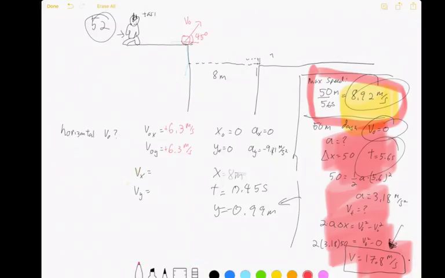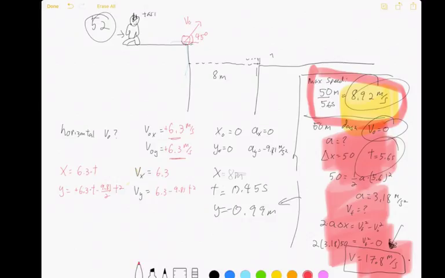The position as a function of time: x is 0 plus 6.3 times t, and y is 6.3 times t minus 9.81 over 2 t squared. Are these numbers the same? It's because cosine 45 and sine 45 give you the same number.